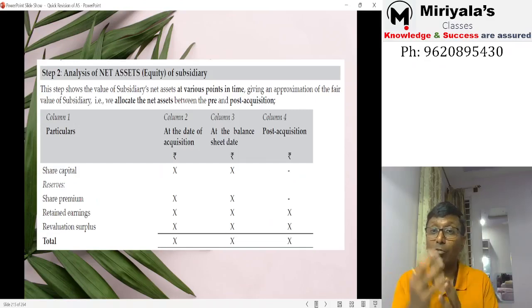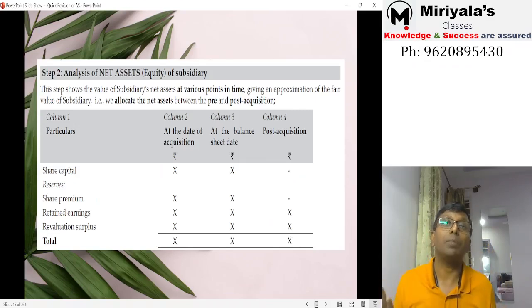Till the date of acquisition, the net assets should be utilized in step number 3 for calculation of goodwill or capital reserve. But do I take it entirely? No. Say column number 2 total is 100 rupees and the parent company is holding 80% of it. 80% will be taken for step number 3 and the 20% minority portion will be taken for step number 4.